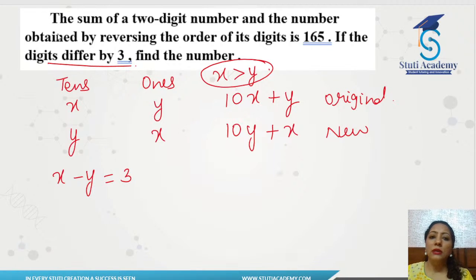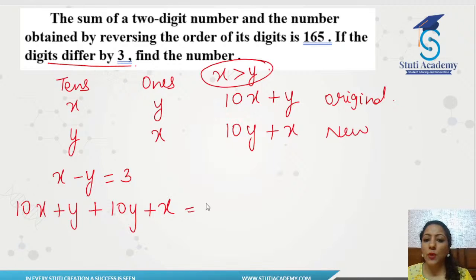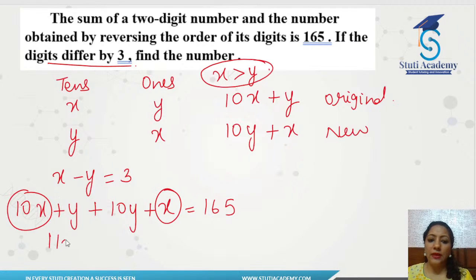Also, we know that the sum of the two-digit number, that means this original number, and the number obtained by reversing the order of the digits, that means the new, reversed one, will add up to 165. So we have 10x plus y plus 10y plus x is equal to 165. Now we simplify this. These two will become 11x.